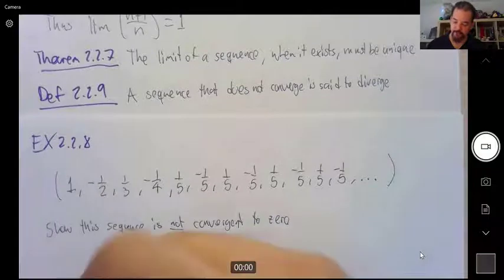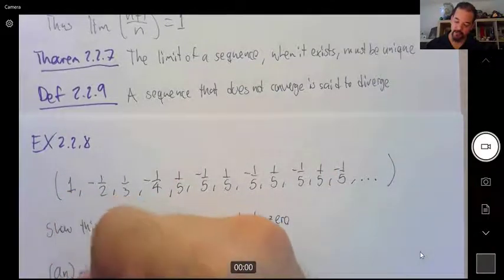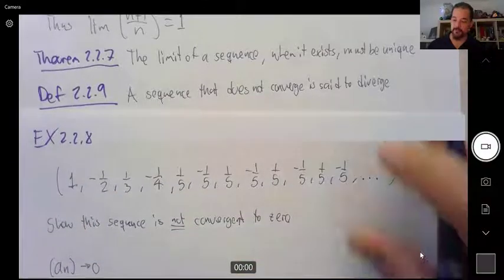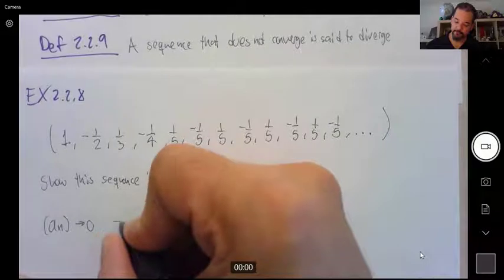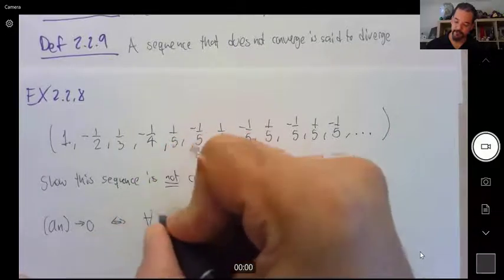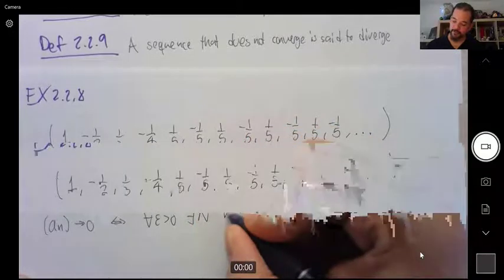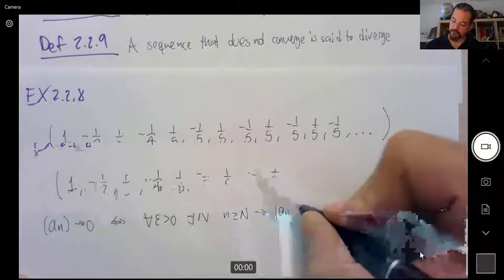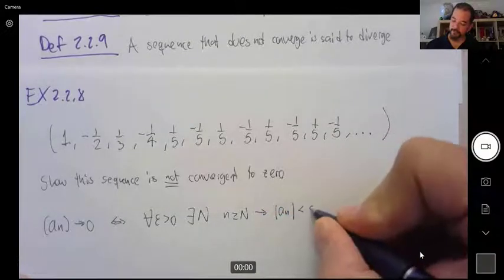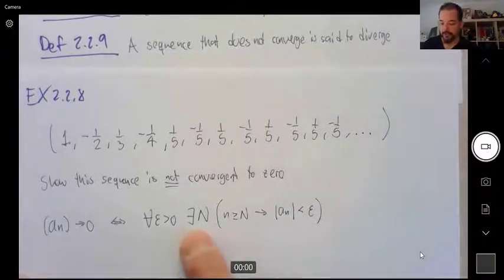A_n converges to 0 means that for every epsilon, there is some capital N such that if little n is bigger than capital N, then |A_n minus 0| is less than epsilon, right? So this is that it is convergent.